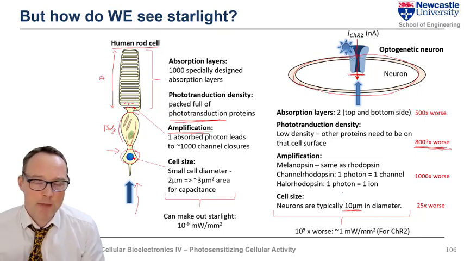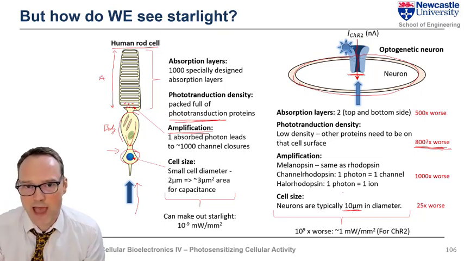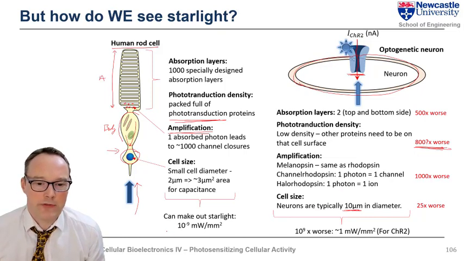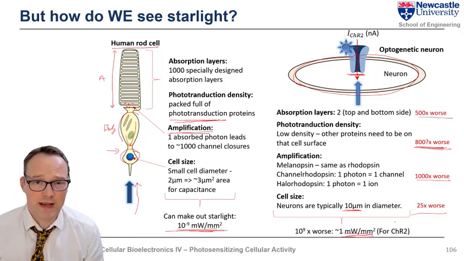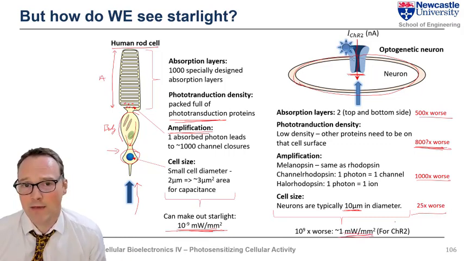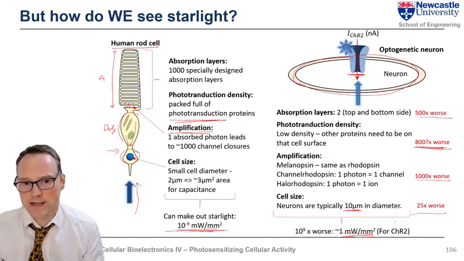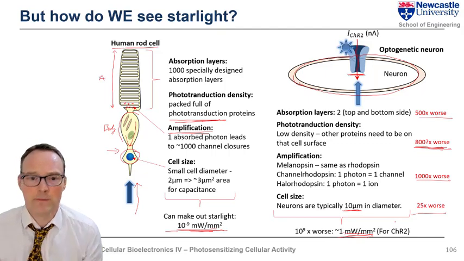So when you compare the two, given these effects, the cells in our eyes can sense starlight at 10 to the minus 9 milliwatts per square millimeter. If we take these considerations into account, we pretty much get the 1 milliwatt per square millimeter for a channel rhodopsin encoded neuron. So it's not something fundamental.